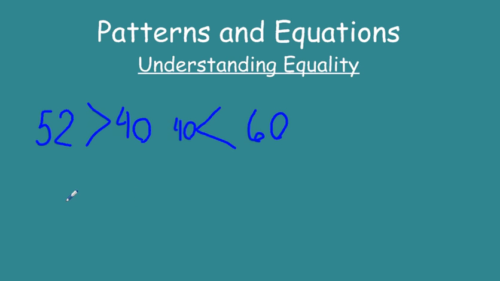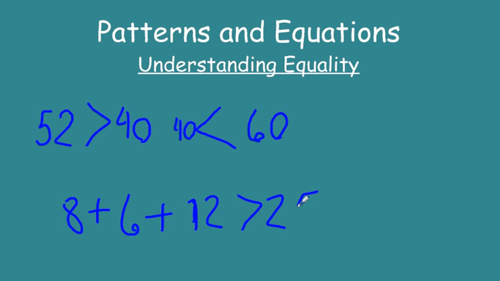You can also see numerical expressions like this. You might have something like 8 plus 6 plus 12 is greater than 25 minus 10 plus 1. So even though you have several different things going on on both sides, you can see that this side is greater.